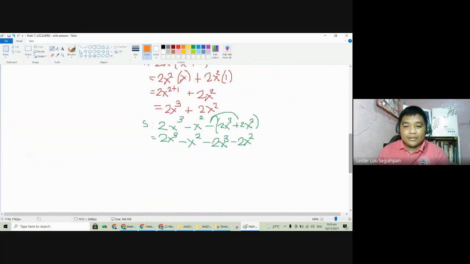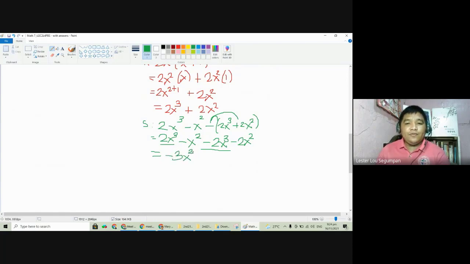So this is the process now, and simply try to combine 2x squared minus 2x squared is 0. Negative x squared minus 2x squared, two negatives added to each other, you will have negative 3x squared.